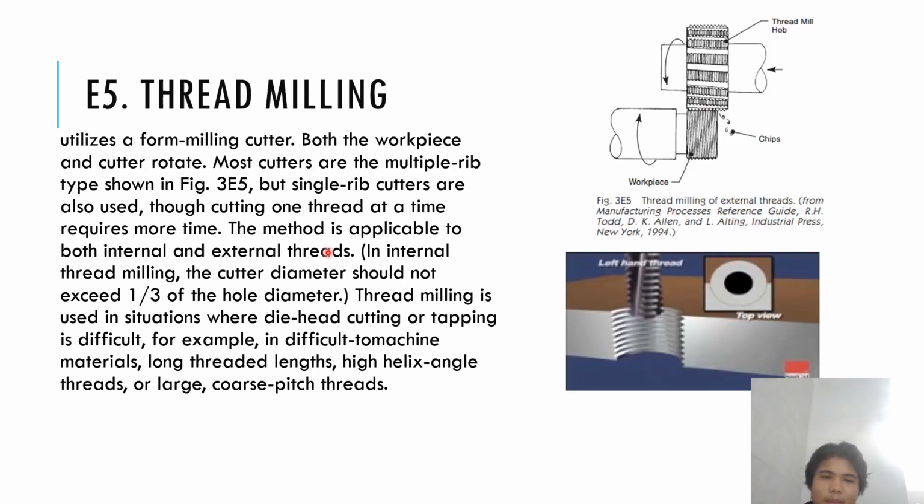Now we're going to talk about thread milling. This is like the explanation of the previous one. The difference is that it uses a form milling cutter, and both the workpiece and the cutter rotate. So this is the video.